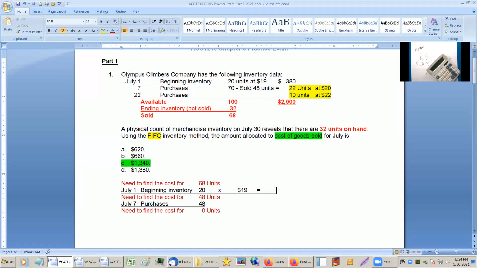Equals 380. 48 at a cost of $20 each. $960.